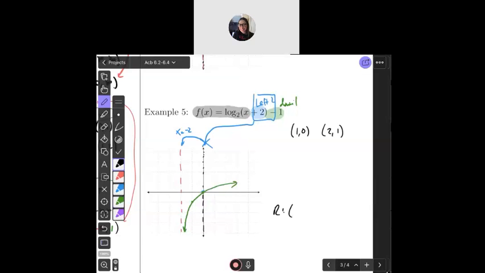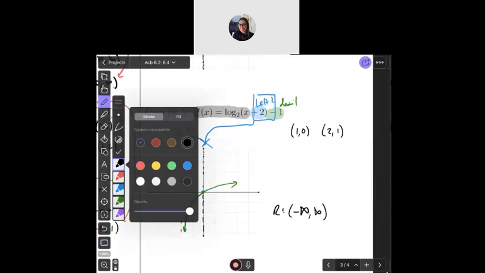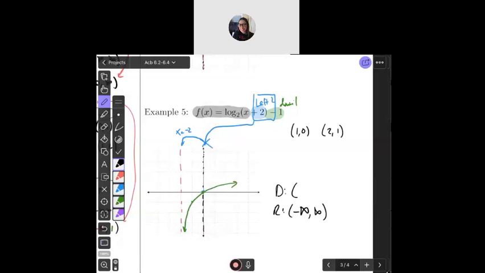Range, easy peasy. Domain, stop and think. We shifted everything to the left 2. Still goes right forever. That's how it affects the domain there.